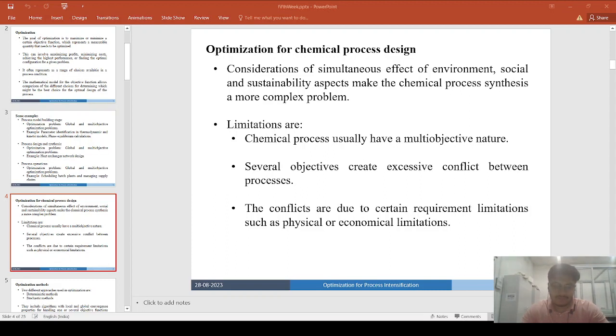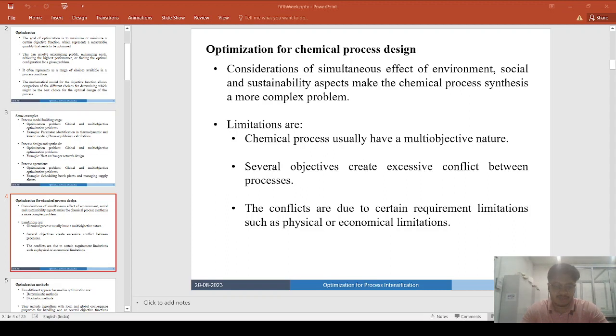The idea is that you should also consider energy consumption as an objective function, environmental impact as an objective function, social impact as an objective function, and among the others, your profit and your yield.